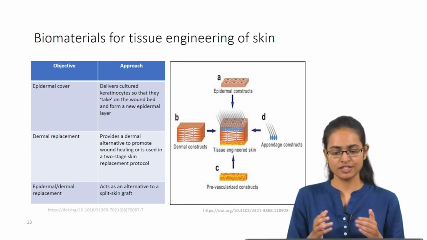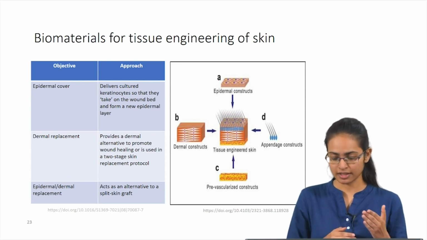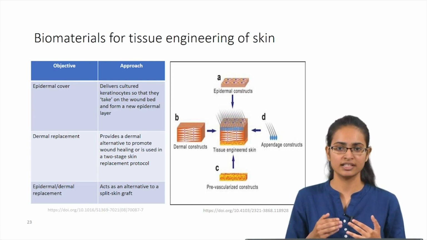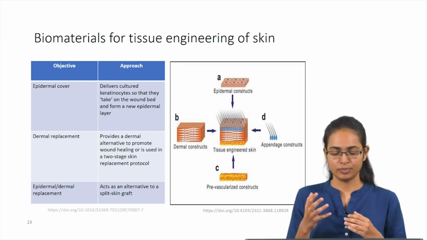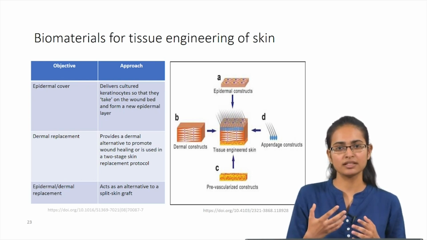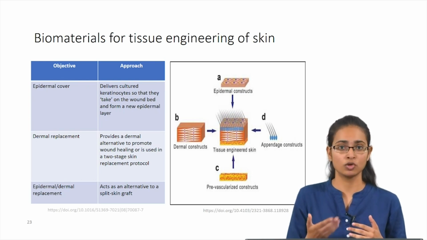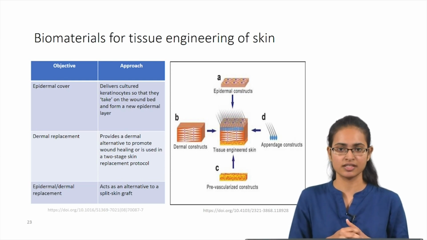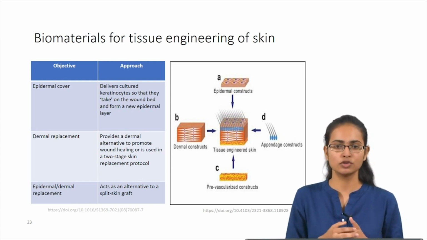Also, the tissue engineered skin can contain appendage constructs such as hair follicles and sweat glands. The presence of these helps us mimic the natural skin more closely. Also, pre-vascularized constructs can be provided to supply nutrients to the graft.